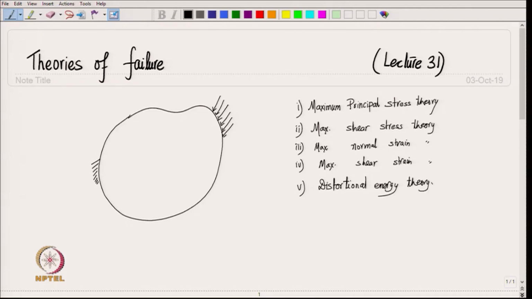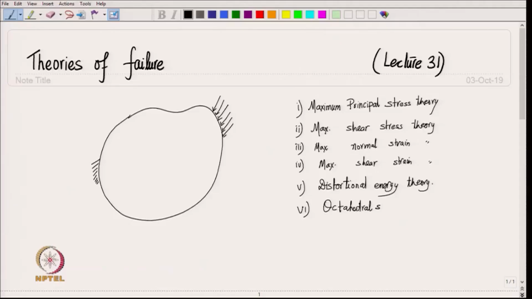and notice we are not talking about the full elastic energy at the point, we are only talking of the distortional part of the energy, and we do not say max distortional energy, because we have a single value of energy at a point. Principal stress we have got 3 of them, therefore, we talk of max principal stress. Shear stress on different planes we have different shear stress, so we talk of max shear stress.